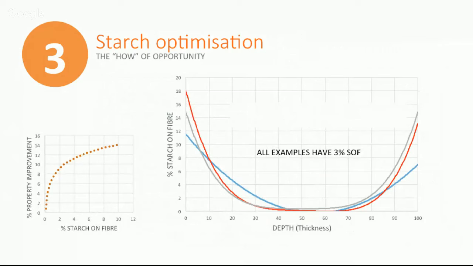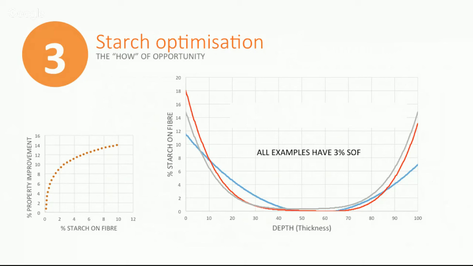Now here I've got 3 different profiles of starch in the sheet. We measure this by using a ZD TSI measurement and layering the sheet. It's a quick method to give us a good idea, and it's been shown to be very reliable and useful. But here we've got 3 different profiles for the same sheet.